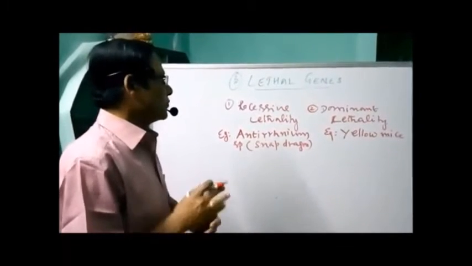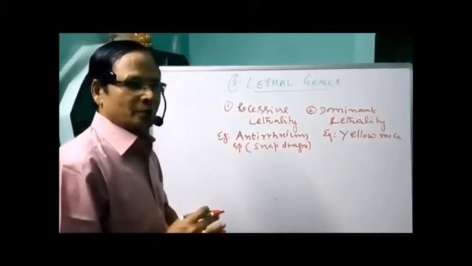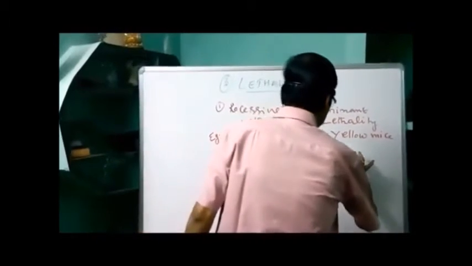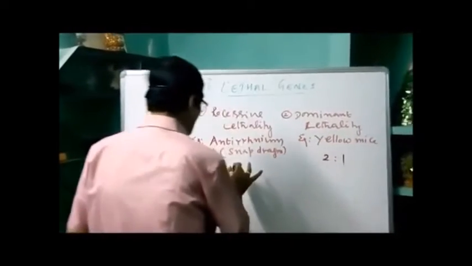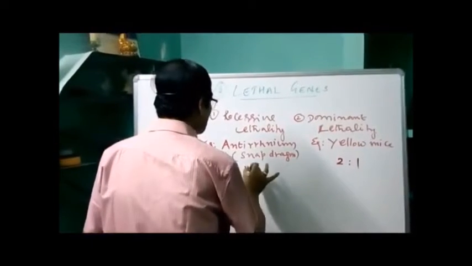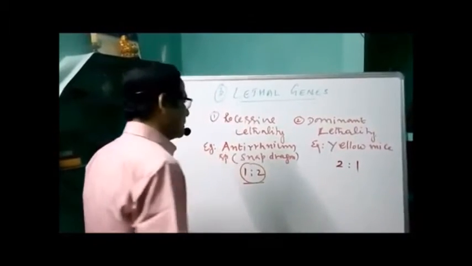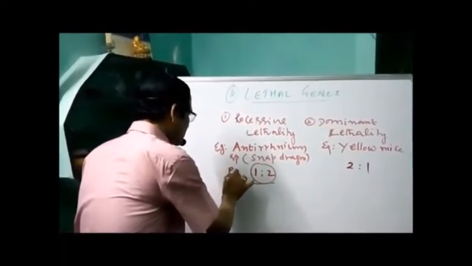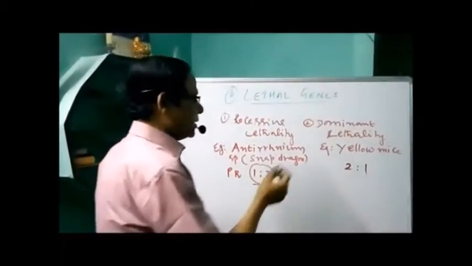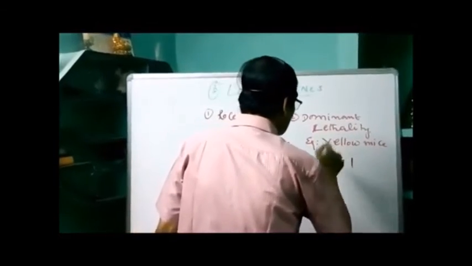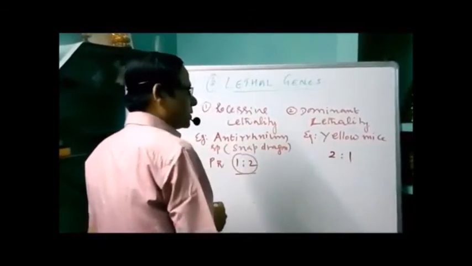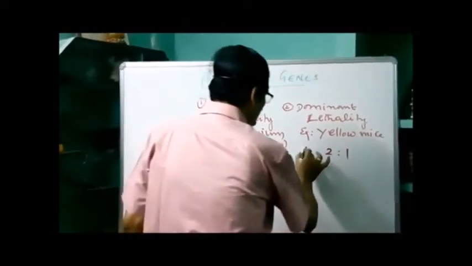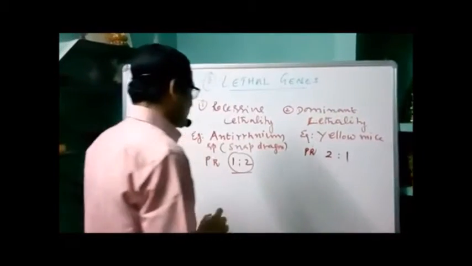So, the phenotypic ratio will be 2:1 or 1:2. In the case of recessive lethality, the phenotypic ratio is 1:2. In the case of dominant lethality, or yellow mice, the phenotypic ratio is 2:1.